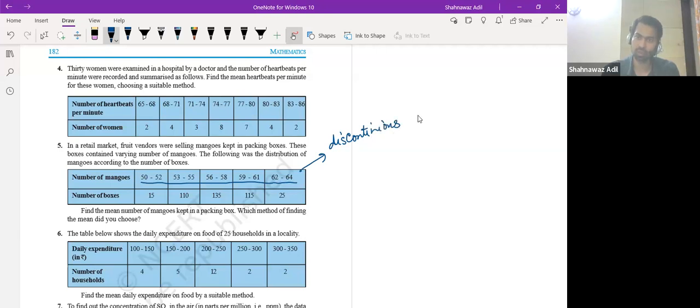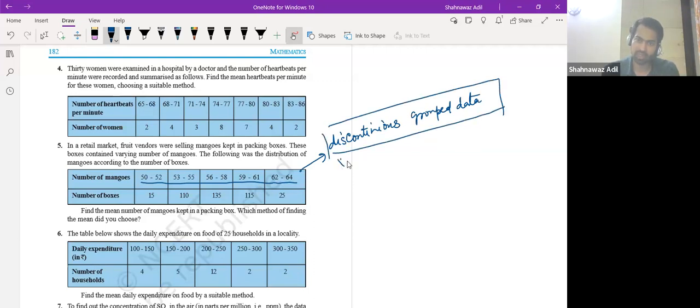The important point to note here is that all the numbers are counted. Precisely, the upper limit is also counted.